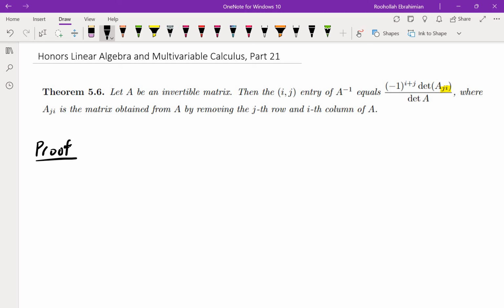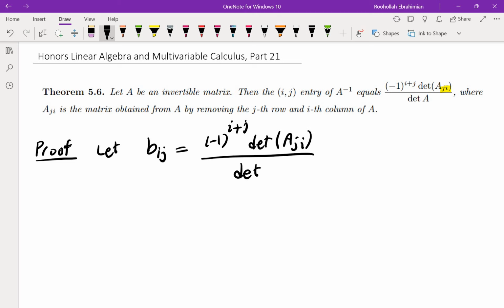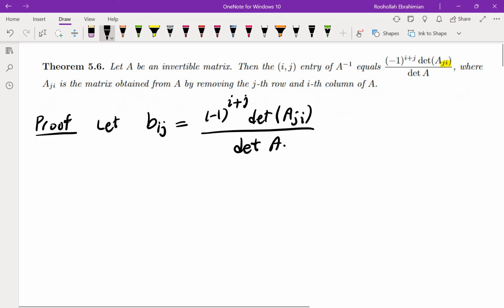Let's for simplicity call that B_ij. Let B_ij be -1 to the power of i plus j, determinant of A_ji divided by determinant of A. Now I'm going to take a matrix consisting of the B_ij's, multiply that by A, and then show that that is the identity matrix.